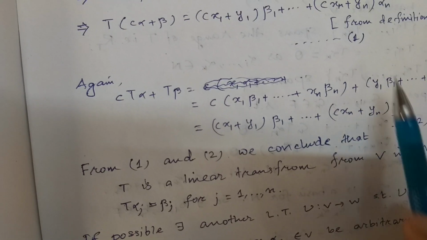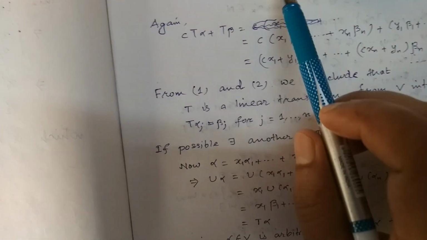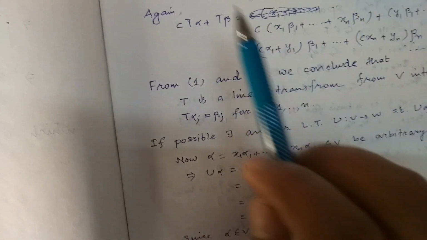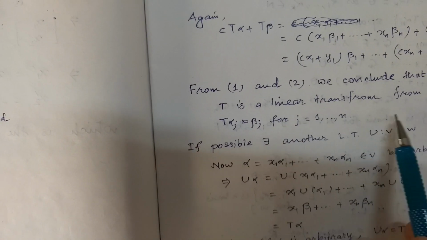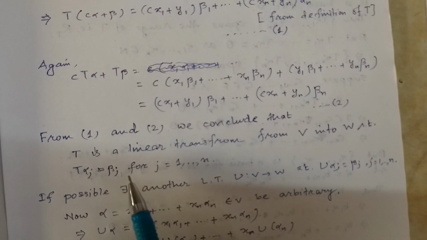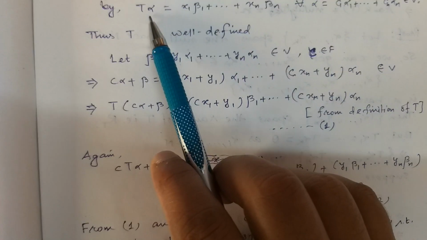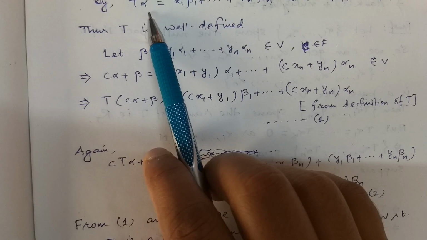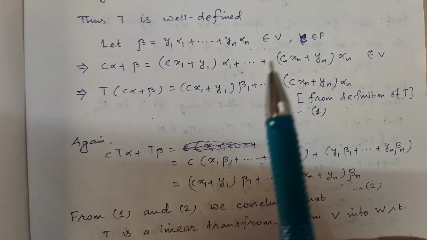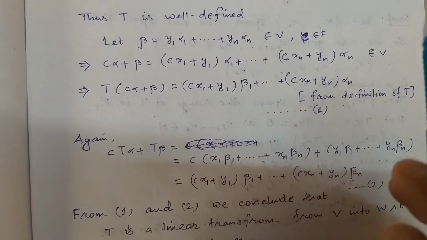Now from 1 and 2, we get that the right hand sides are equal. So definitely T of c alpha plus beta equal to c T alpha plus T beta, and hence T is a linear transformation such that T of alpha j equal to beta j, because if we put alpha j, its coordinates are 0, 0, 0, 1, the jth coordinate is 1, comma 0, 0, 0.